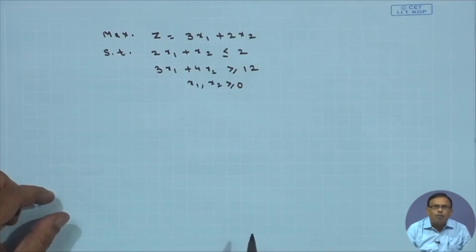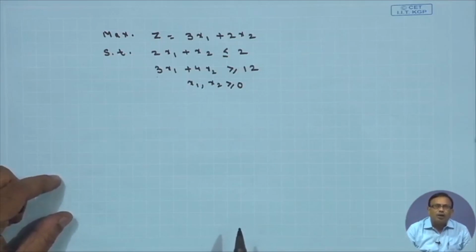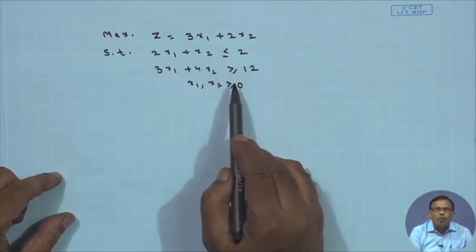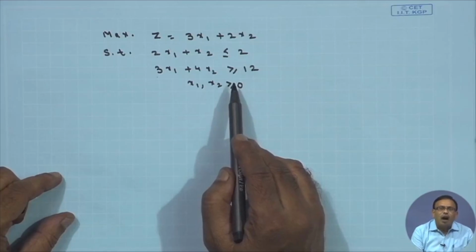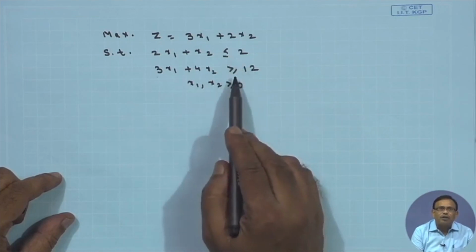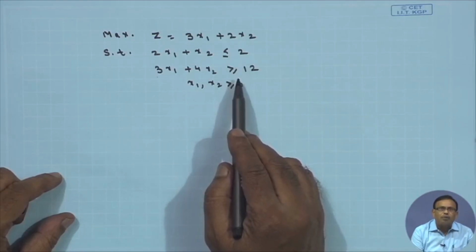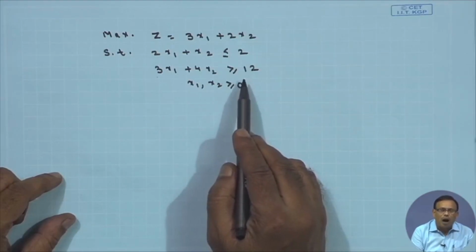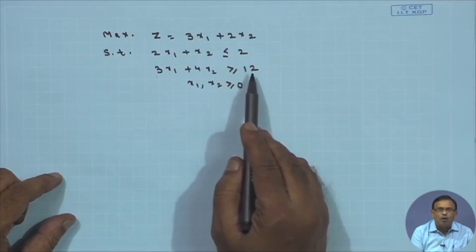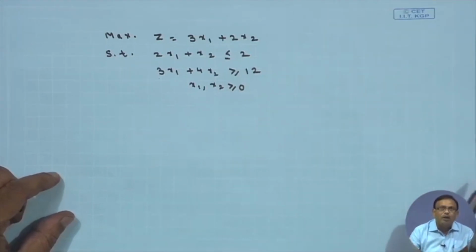If you see the problem, you will find that we have one constraint of less than or equal to type and one constraint of greater than or equal to type. From here you can tell that I have to use one slack variable for the first constraint, whereas since the second inequality is greater than or equal to type, I have to subtract one surplus variable and add one artificial variable to make both the constraints equality constraints.